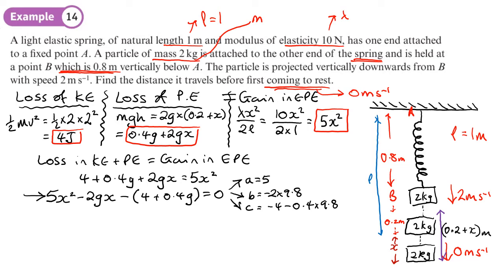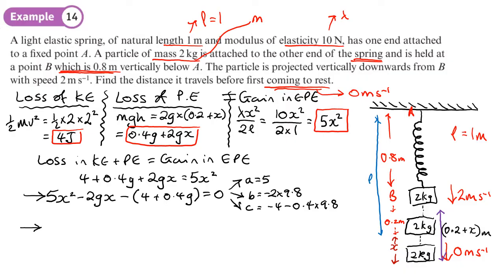As I said, you could use the quadratic equation, but we've got our calculator to do that. Just as a reminder, if you're going to do that, you want menu and A, then you want number 2 for polynomial, and you want degree 2, and we type in the coefficients, which are going to be 5, then negative 2 times 9.8.